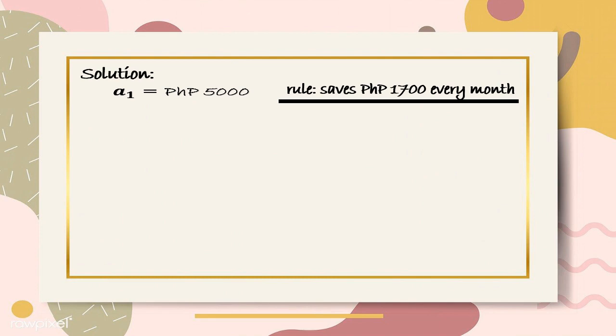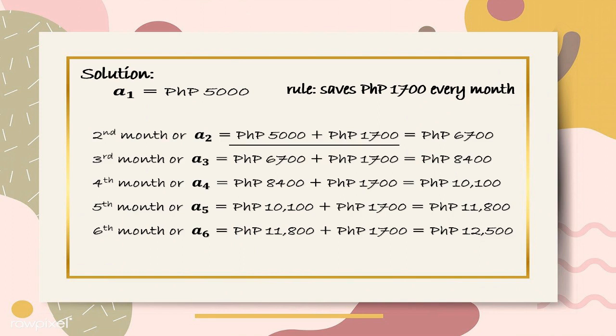We have to add 1,700 pesos every month. So, for the second month, we have 5,000 pesos plus 1,700 pesos, so that would be 6,700 pesos. For the second month, her savings would be 6,700 pesos.